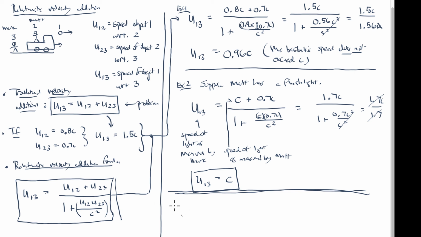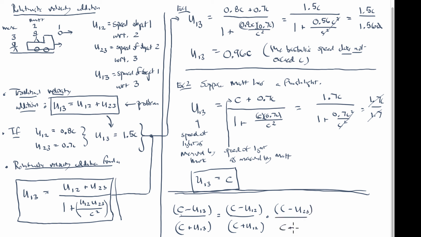So there's another way to write this, and I'll write it this way. (c − u13)/(c + u13) equals (c − u12)/(c + u12) times (c − u23)/(c + u23).